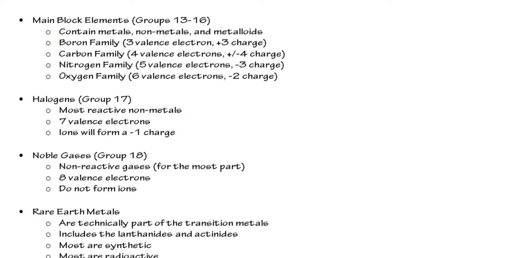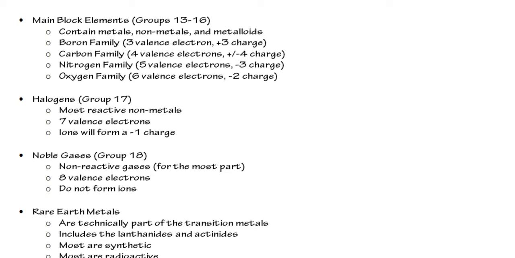the boron, carbon, nitrogen, oxygen families. Now when you hit the halogens, you've got the most reactive nonmetals. These guys only need to gain 1 electron and become stable -1 ions. So again, when we think about bonding, which we'll hit up in the next chapter, the halogens love to bond with group 1 elements.